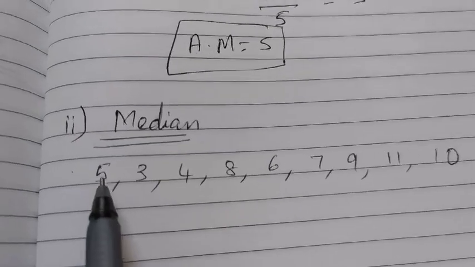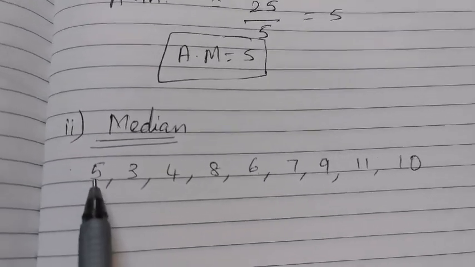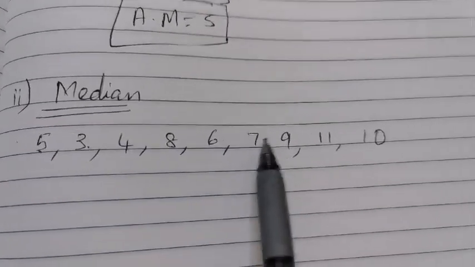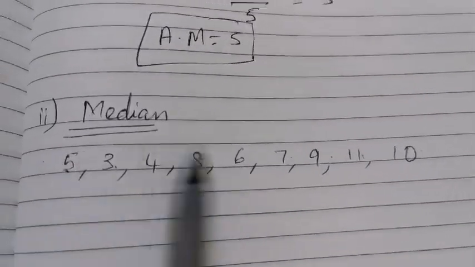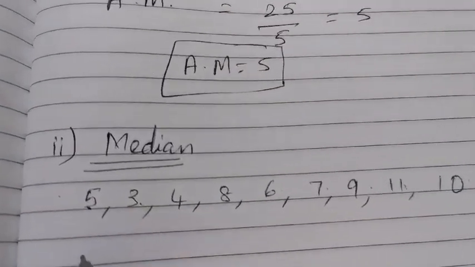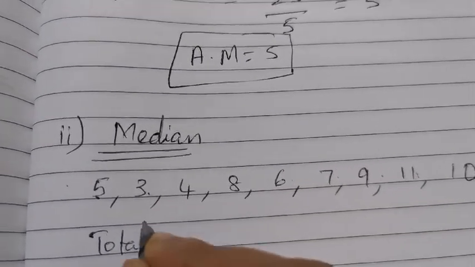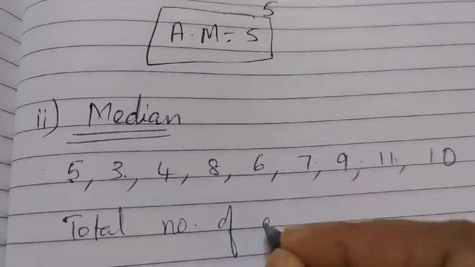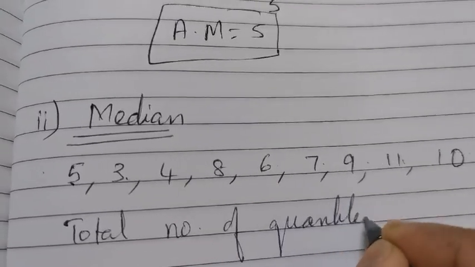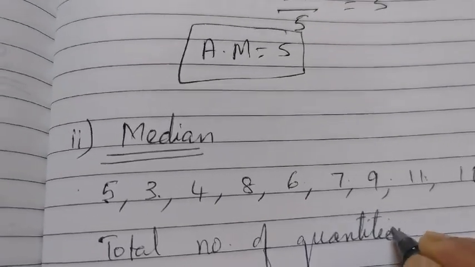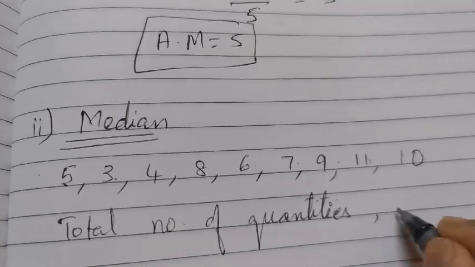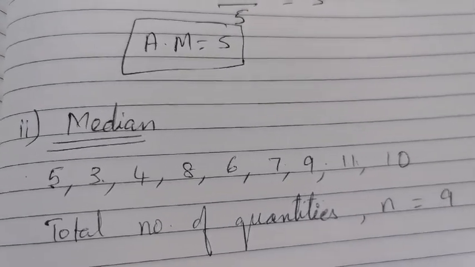Now we will count how many data are here. 1, 2, 3, 4, 5, 6, 7, 8, 9. I have 9 data. My total number of quantities I will take as n. N is equal to 9.